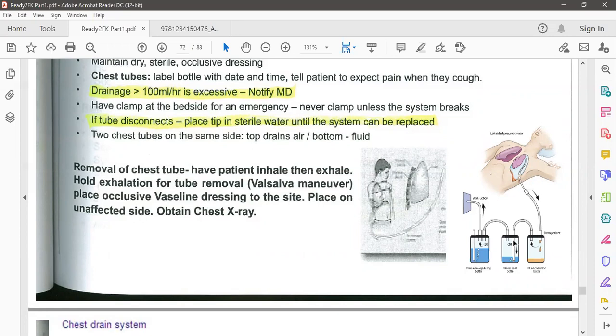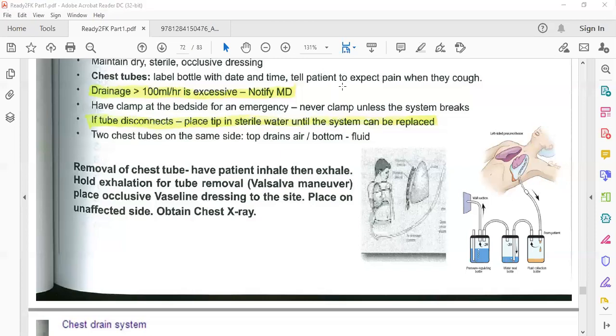Also keep in mind, tidaling is expected, and lack of tidaling means the lungs have re-expanded or there is an obstruction. Now if we see continuous bubbling inside the water seal, it indicates air leakage. So let me recap it.